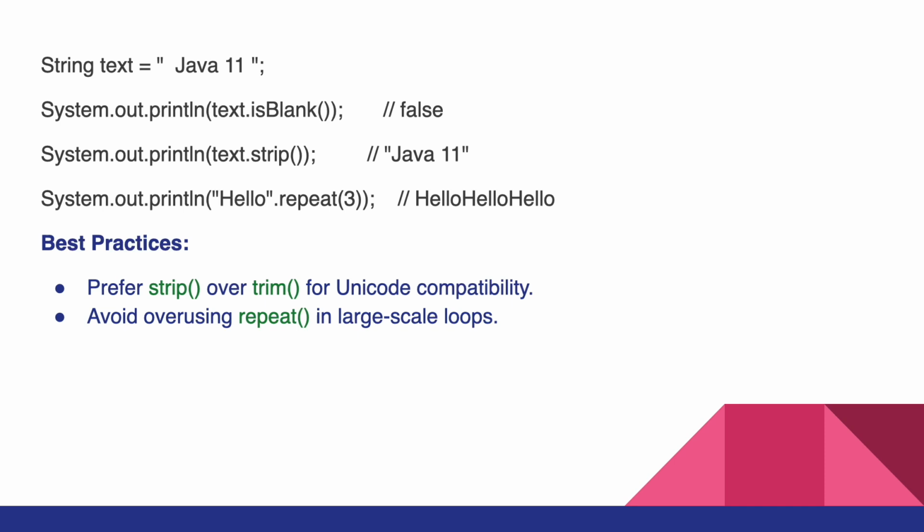You can see this example for your better understanding. For best practices, prefer strip over trim for Unicode compatibility, and avoid overusing the repeat method in large scale loops.